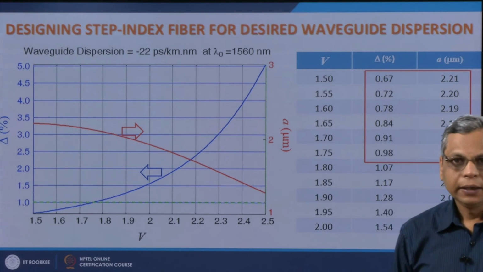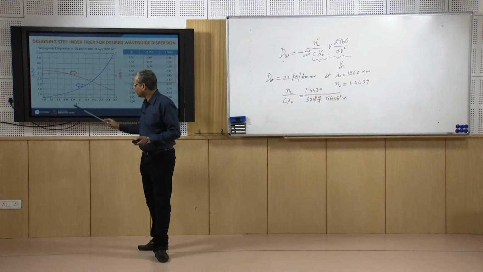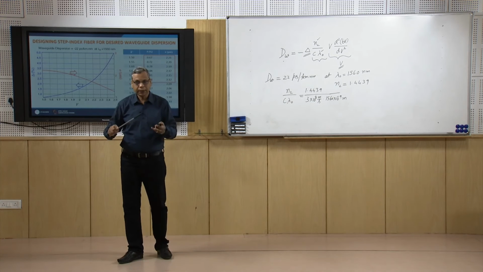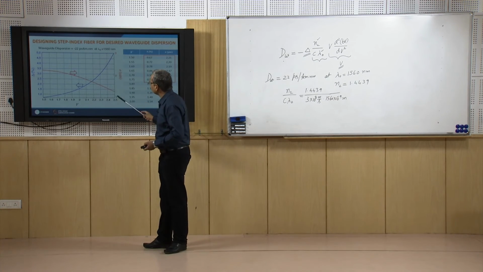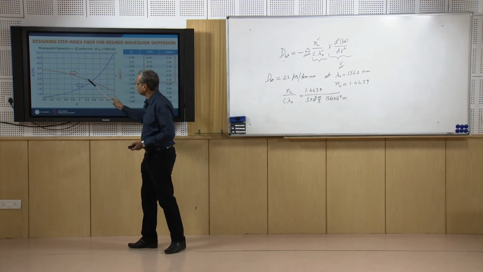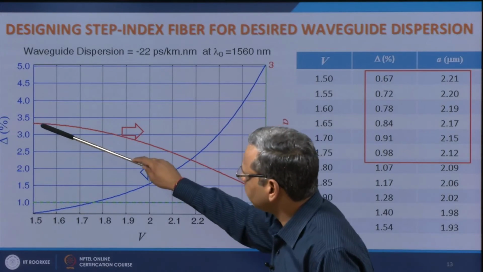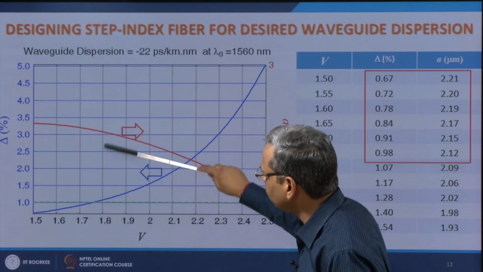Correspondingly, because I am changing delta for a given V, then A has to change to keep the V constant. Correspondingly, the core radius varies like this. So, if you are increasing the value of delta, then correspondingly the core radius should decrease in order to keep this V constant.